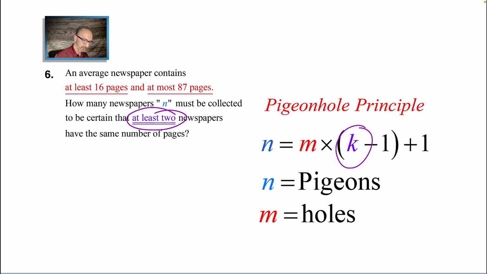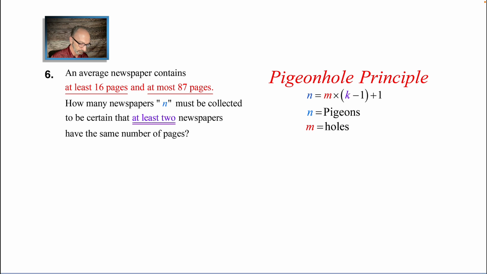Let me show you more ideas. So that's in short. Just focus on this k as 2, where you ask how many newspapers you need to pick to be certain. That is the number of pigeons.